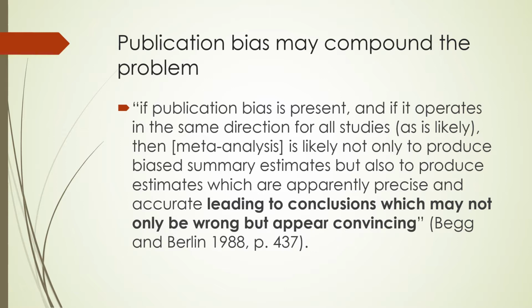And if that result is biased, then we really get ourselves into trouble in terms of trying to understand what's really going on. So this is why looking at funnel plots, looking at bias in publications is really, really important in meta-analysis.